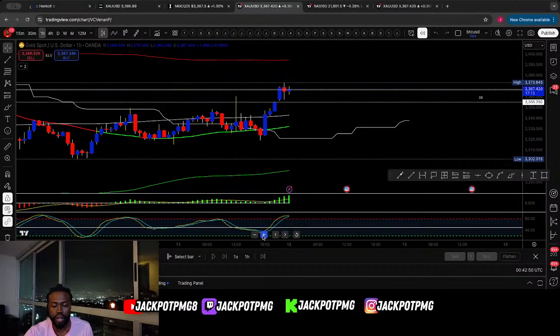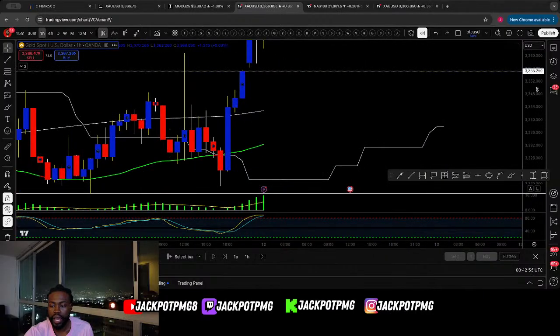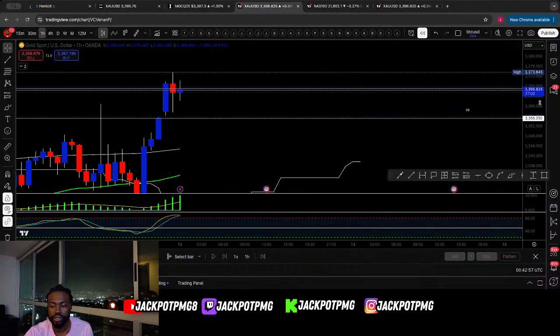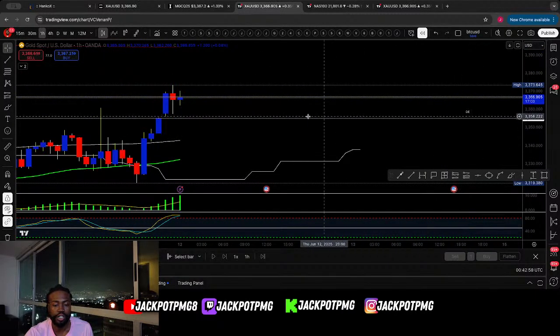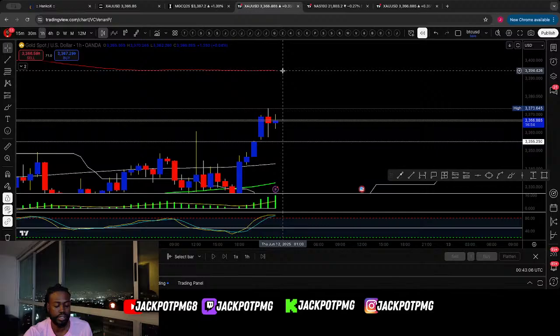Now notice where we are right now. Right here, we are at a new daily entry. This new daily entry is represented as a support zone that's going to push price towards the next destination.